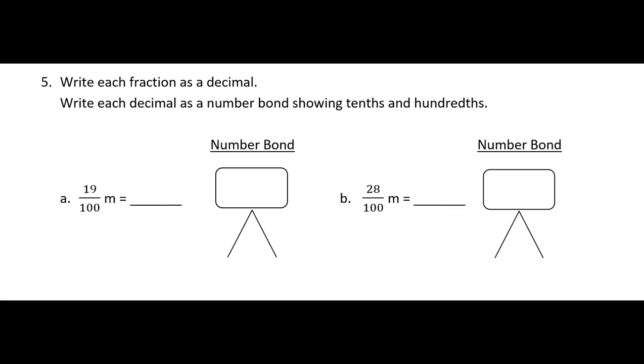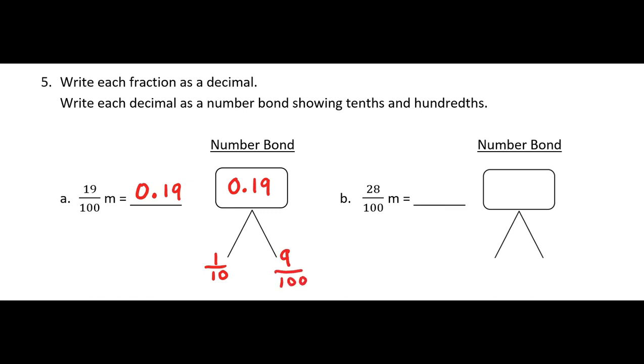And again, we'll show the connection between fractions and decimals using number bonds. I have 19/100ths written as a fraction. I'll start by writing it as a decimal, and we'll put that decimal in the number bond. And now we'll show that the 1 in the number represents 1/10, and the 9 in the number represents 9/100ths.